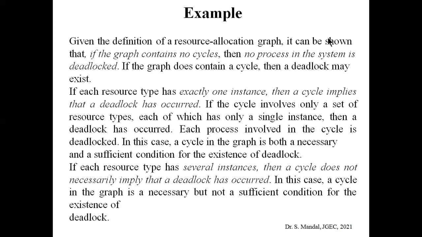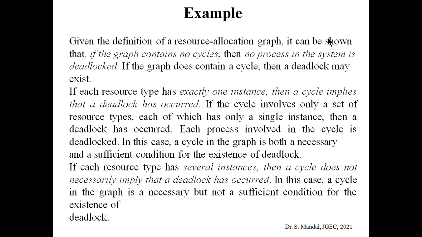Now, how can a deadlock be observed from a resource allocation graph? If a resource allocation graph contains no cycle, you can easily conclude that no process in the system is deadlocked.